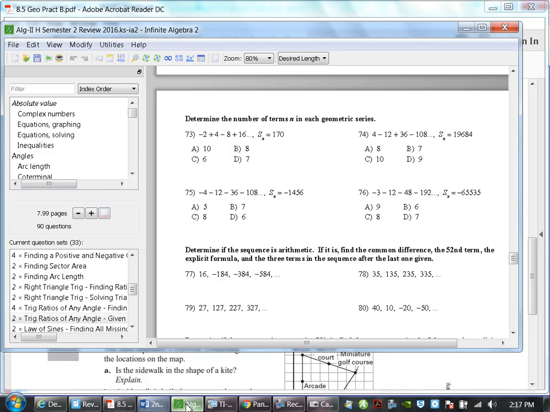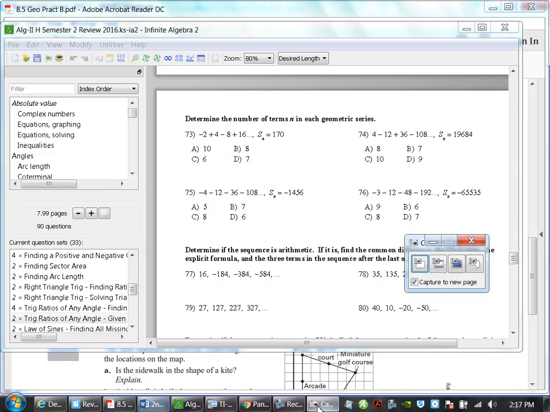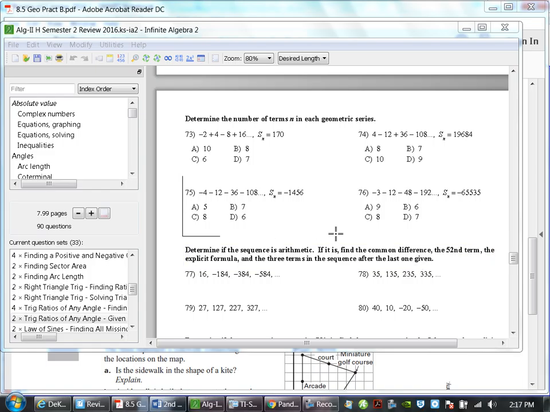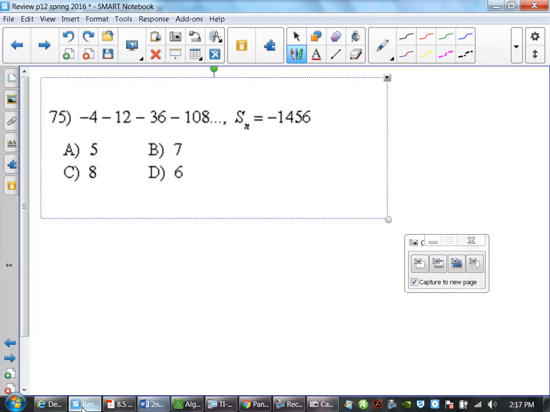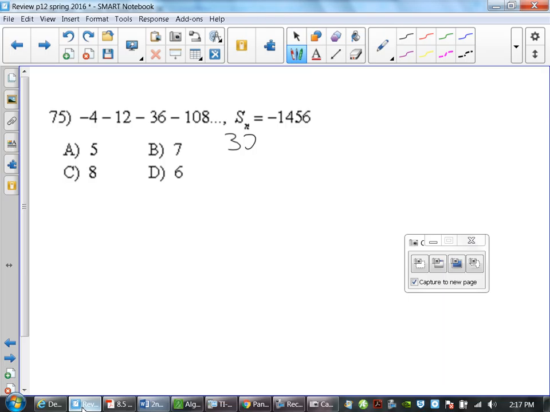The other one, but if you look at number 75, if you're just starting to look at it, your rate is going to be 3, and your first term is -4. So you know that each time you're just multiplying by 3. So what's 3 times 108? 324.